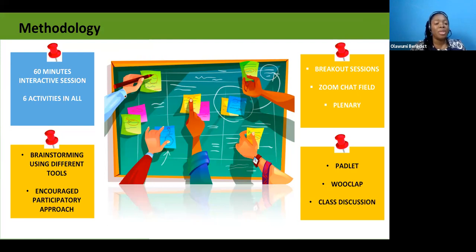Then we do brainstorming using different tools. We have 6 activities in this entire module. We're going to use Wooclap, the breakout session, and the plenary discussion. We're just going to discuss among ourselves. We're going to use the Zoom chat also to put in some answers. And we encourage that each participant actually put in their inputs into all these activities.